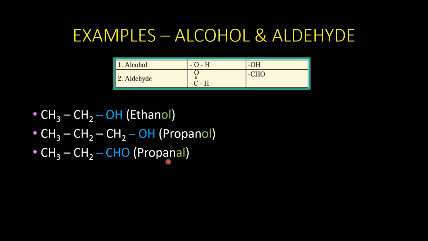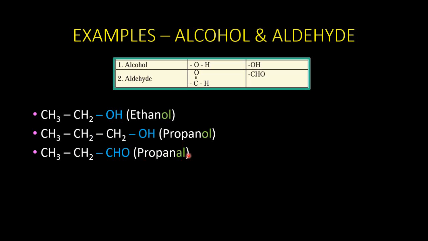I have given here as propanal indicating the presence of 3 carbon atoms. You count whether it is there in the chain or it is present along with the heteroatom in the functional group. Irrespective of that, you have to calculate all the carbon atoms. So let me count the carbon atoms. I have 1, 2, 3. So the name will be propanal.